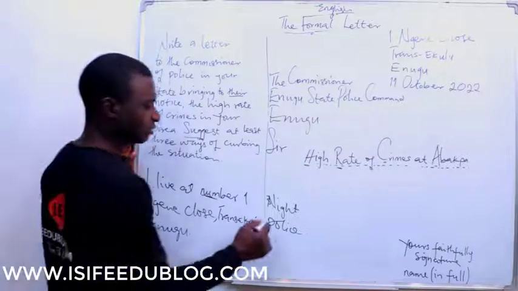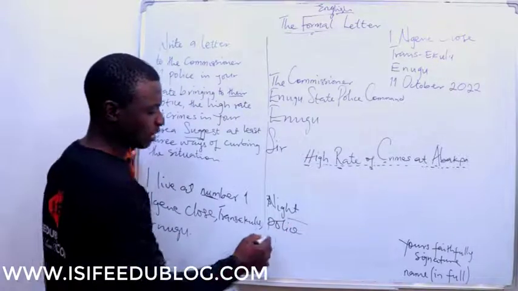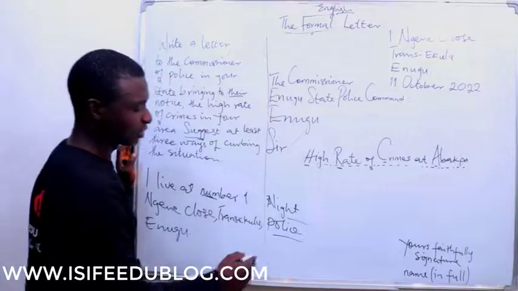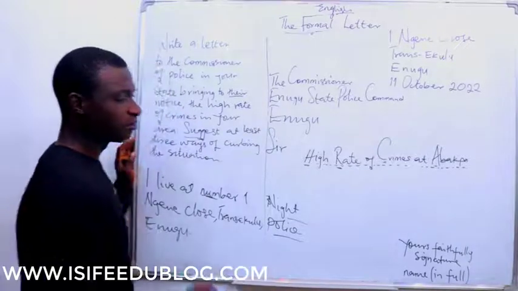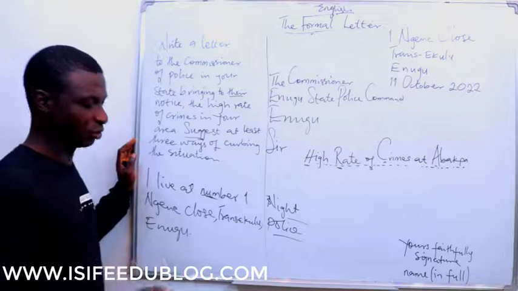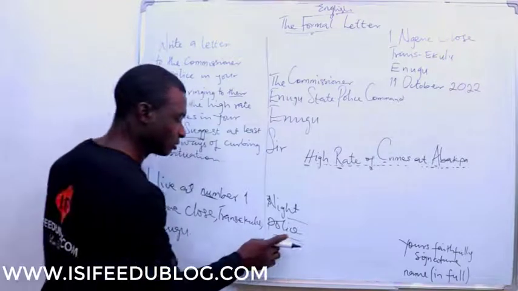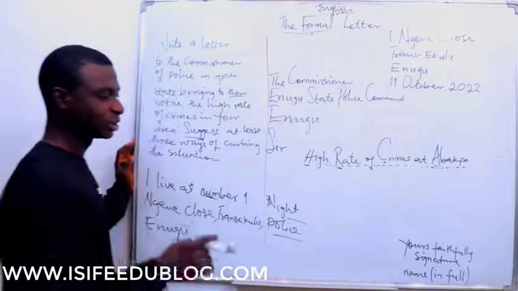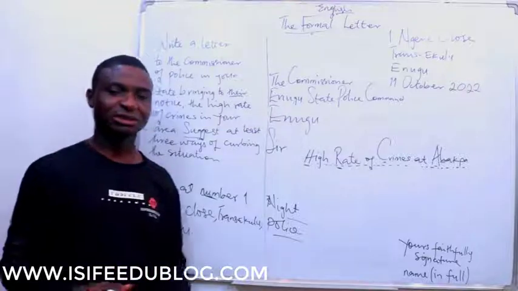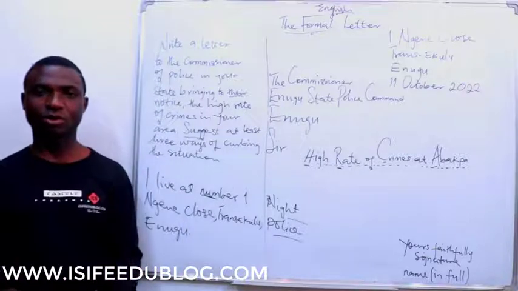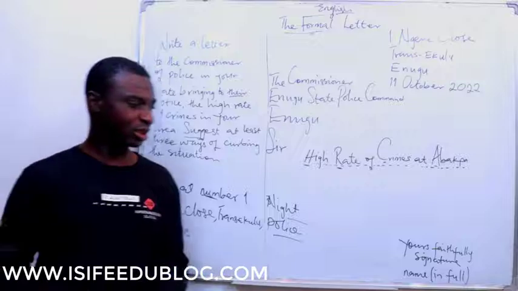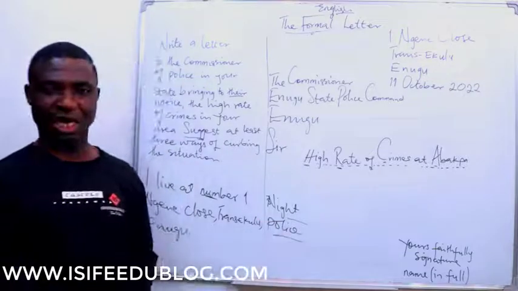So, 1, night patrol. 2, police station. 3, pointing out places where you know that criminally minded people stay to plan, to smoke, and to get ready for their criminal activities.